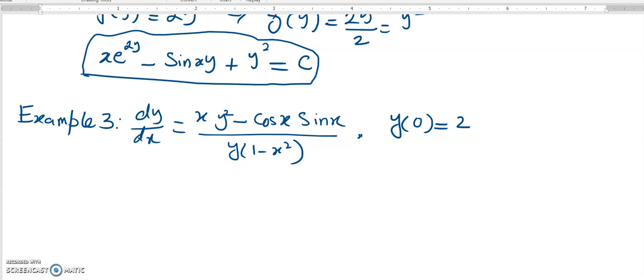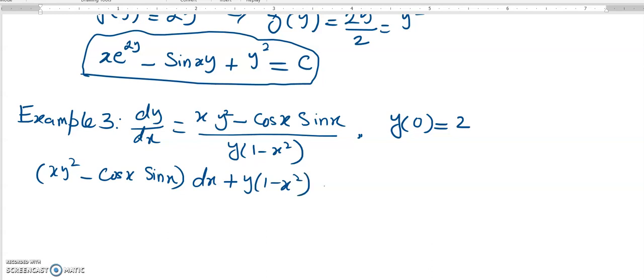So we need to arrange this equation into the differential form. So it should be like this: x y square minus cosine x sine x dx plus y into 1 minus x square dy is equal to 0.